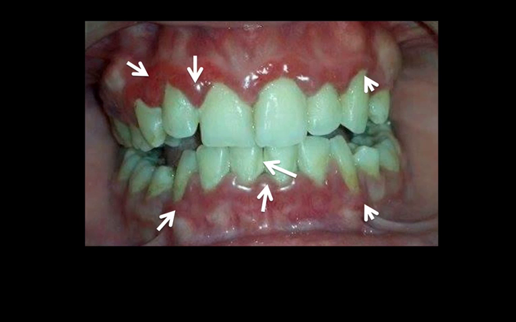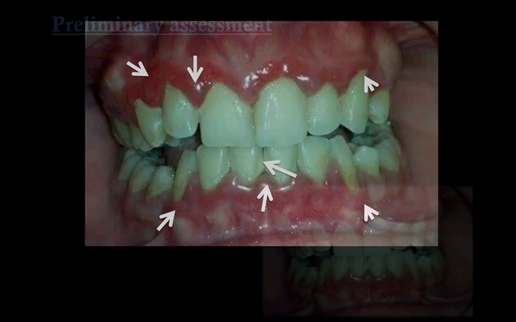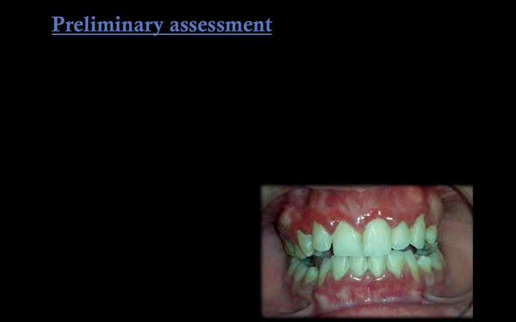Naturally, we need to look at radiographs. We need to do a more thorough medical evaluation because many of these conditions can coexist and influence one another. And we need to make sure that we address this very severe problem. So this patient is definitely not ready for orthodontic treatment, no doubt about it. We can have a preliminary assessment based on partial information.